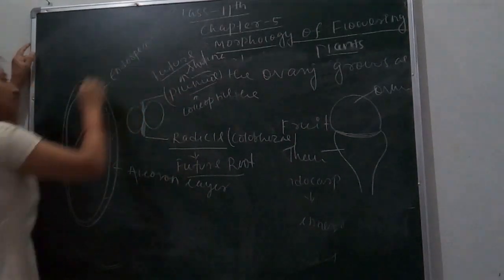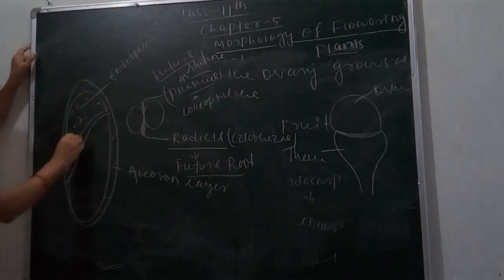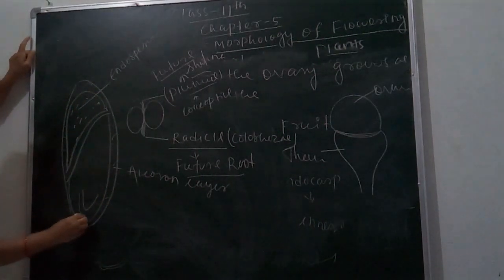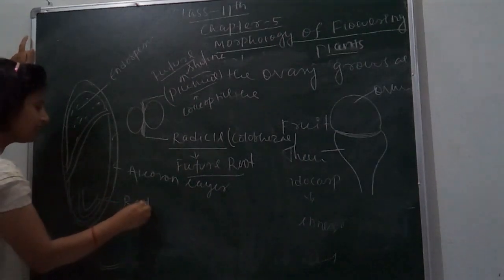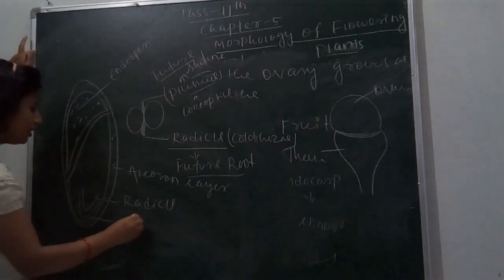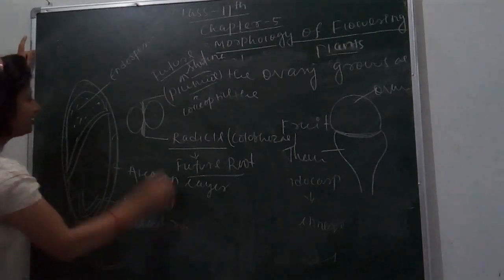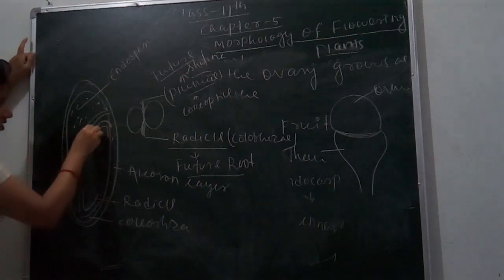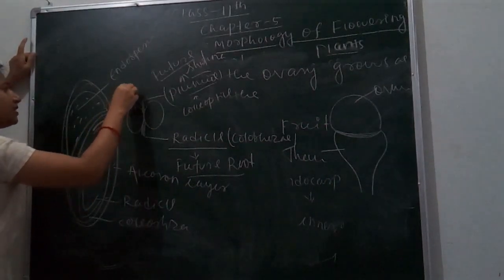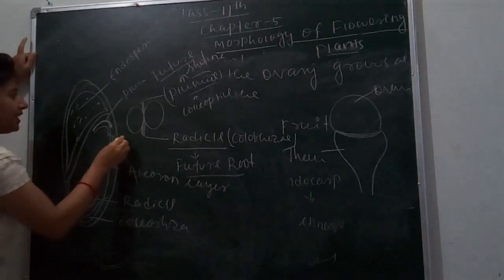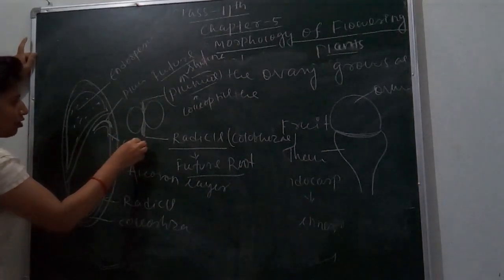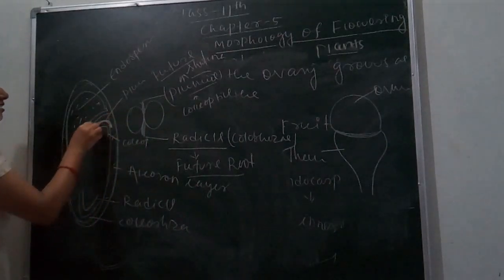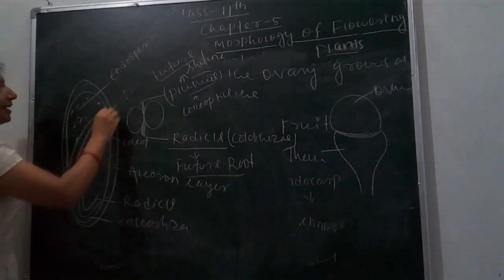Here is the radicle and here is the coleorhiza. This is the plumule and this is the coleoptile.